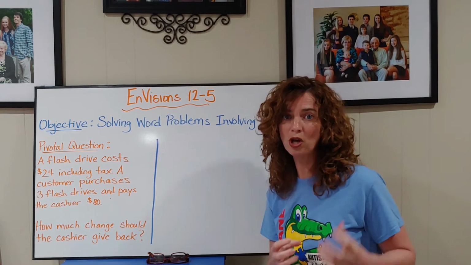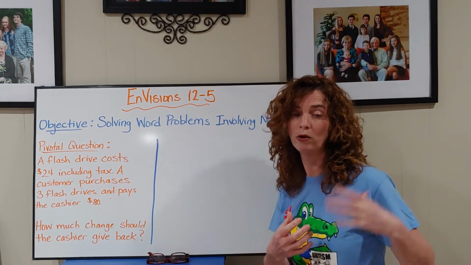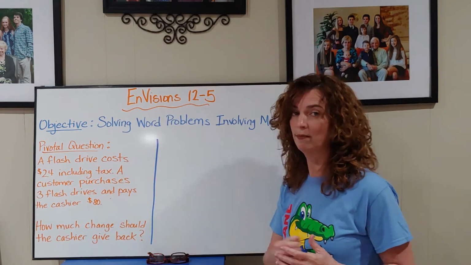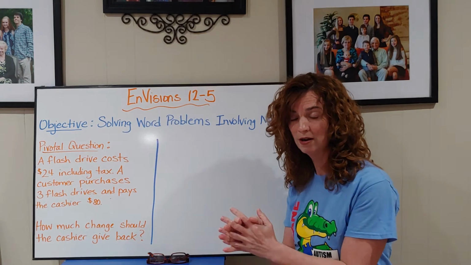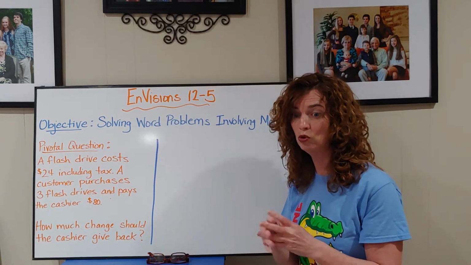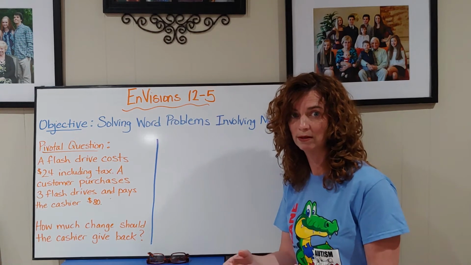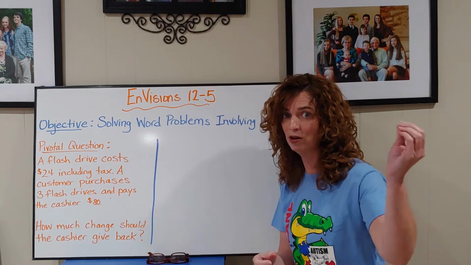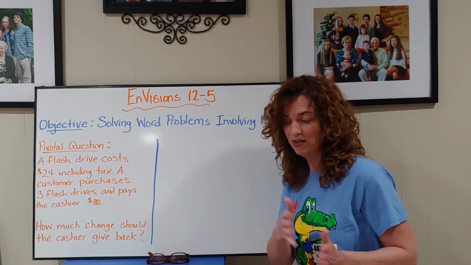So whenever you go shopping, imagine you're in the grocery store or in Target and you're buying something. You have everything in your cart and you go up to the cashier. What will that cashier do with all of those items? They'll scan them and the register adds up everything you've bought.